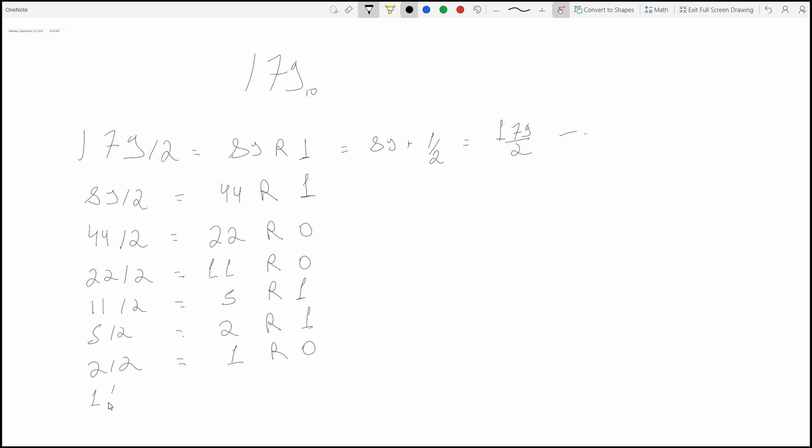And 1 divided by 2 is equal to 0 with a remainder of 1.